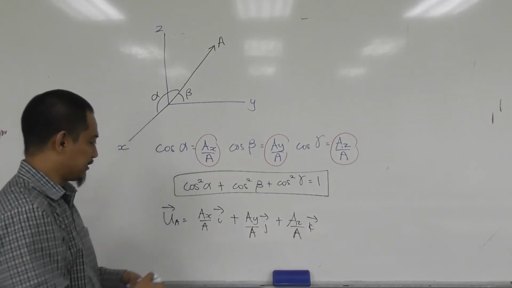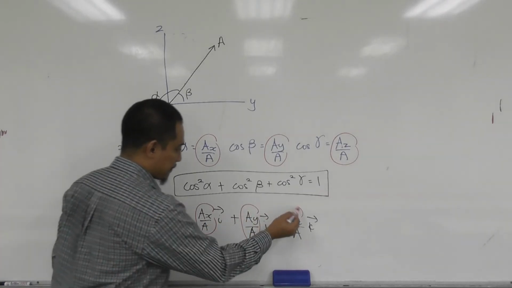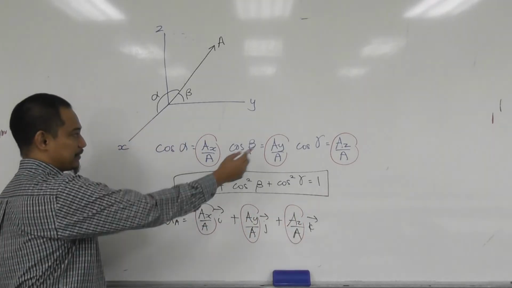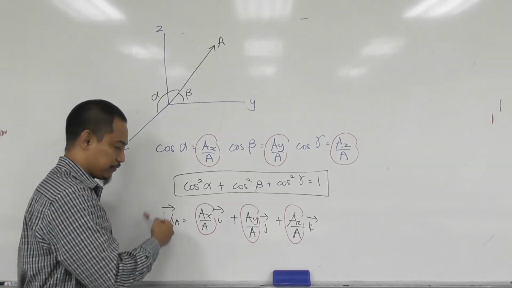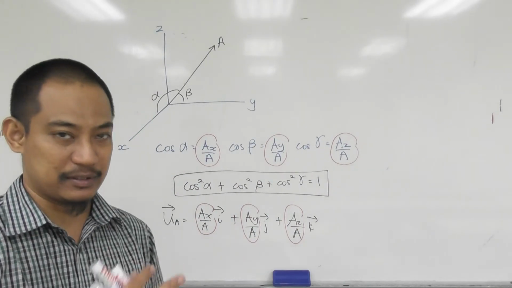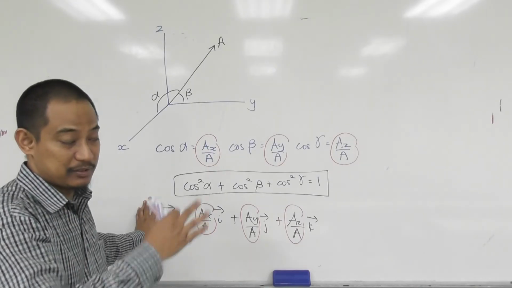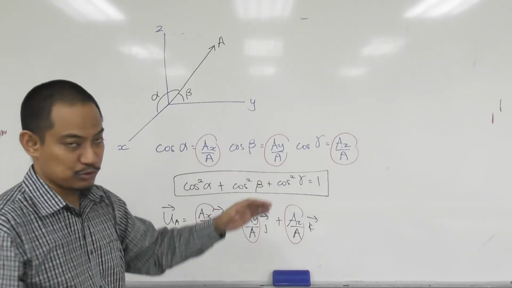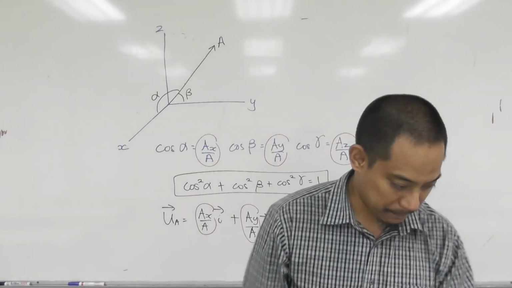So you notice that it is actually the same thing. If you know alpha, beta, and gamma, you know these three for the unit vector, right? And obviously they have some interrelation, because the unit vector is describing the direction, and alpha, beta, and gamma are also describing the direction. So of course it is interrelated, right?